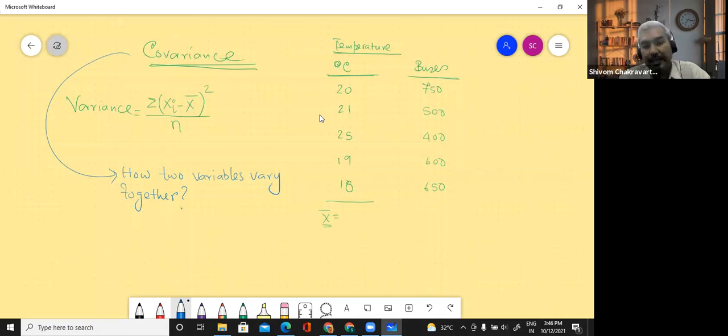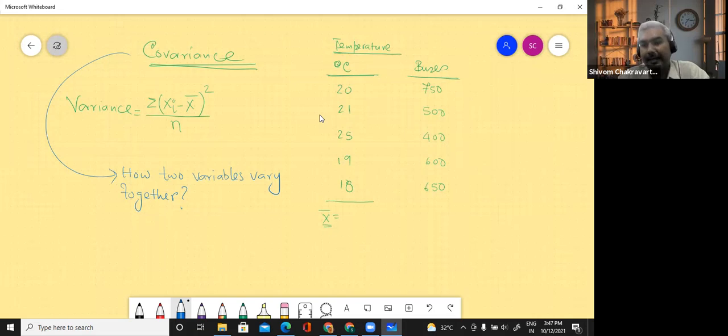Please be clear about the fact that this varying together does not mean that one is causing the other. We have no proof that one variable is causing the other, whether temperature is causing fewer buses to run, or fewer buses running is causing the temperature to go up.